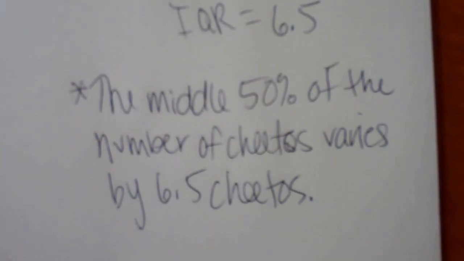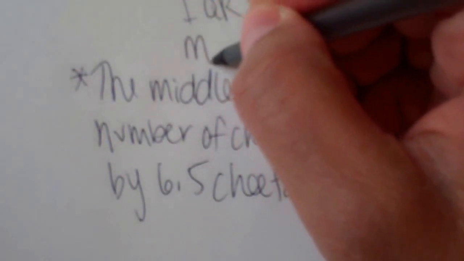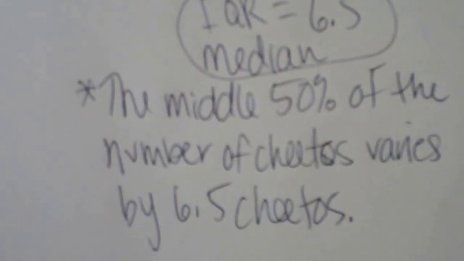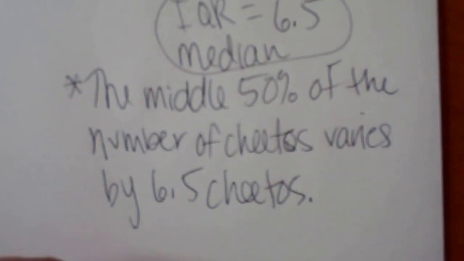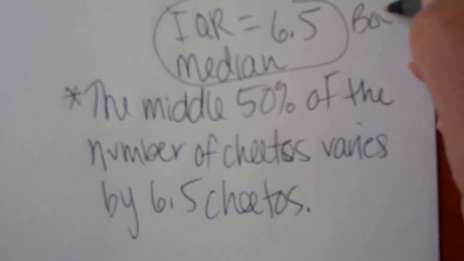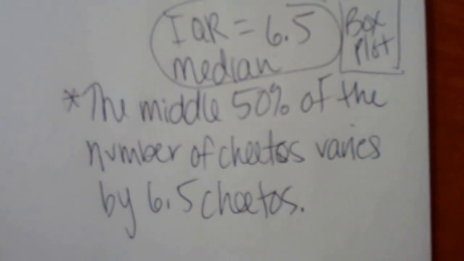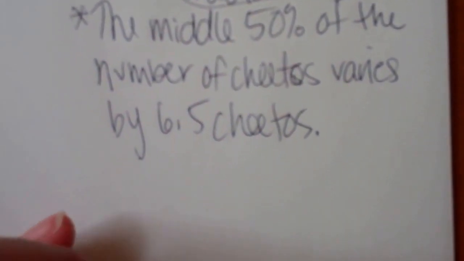Okay, so that's IQR. That's a measure of spread. We use IQR when we employ the median as center. So IQR and median are best friends here, and when you're talking about them, talk about them together. If you're looking for a visual display, we're usually going to make a box plot with this. When do we use IQR and median in a box plot? That's when our data is going to be skewed.